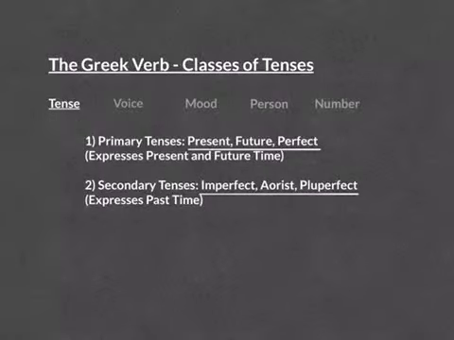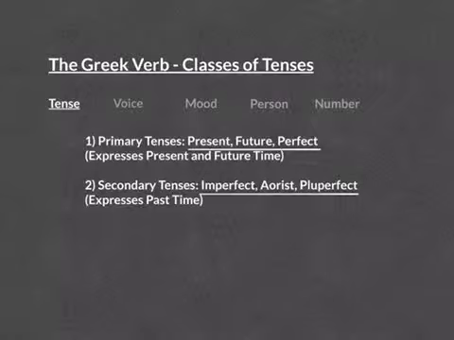Now, the second thing you need to know about tenses, yes, there's a lot of things you got to learn, is that they are broken up into 2 classes or categories. The first one is primary tenses, and they express things that happen in the present and future time. And then there are the secondary tenses that express time in the past. I don't believe the book actually talks about this, so you might want to just recognize that there's 2 different types of tenses.